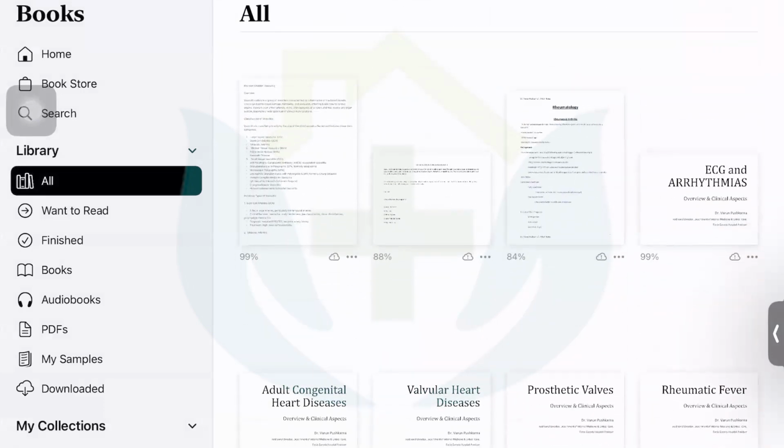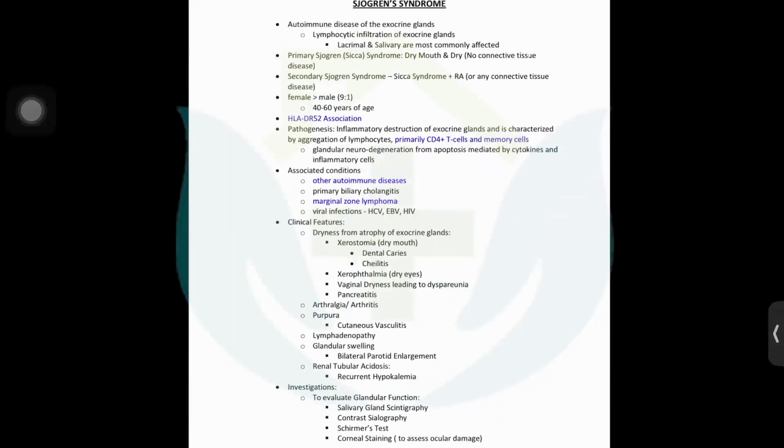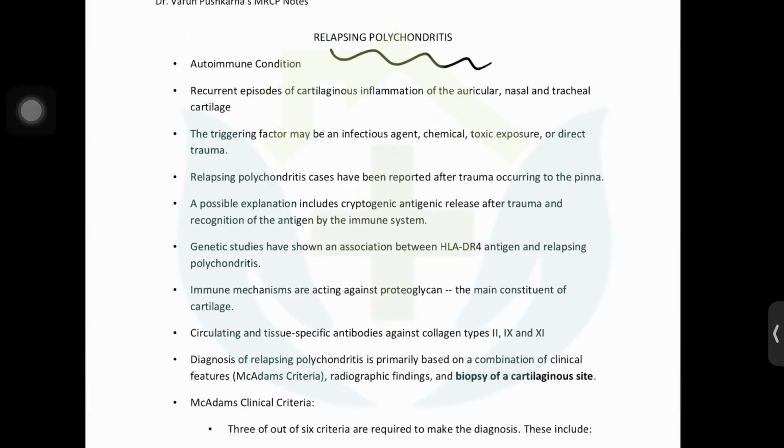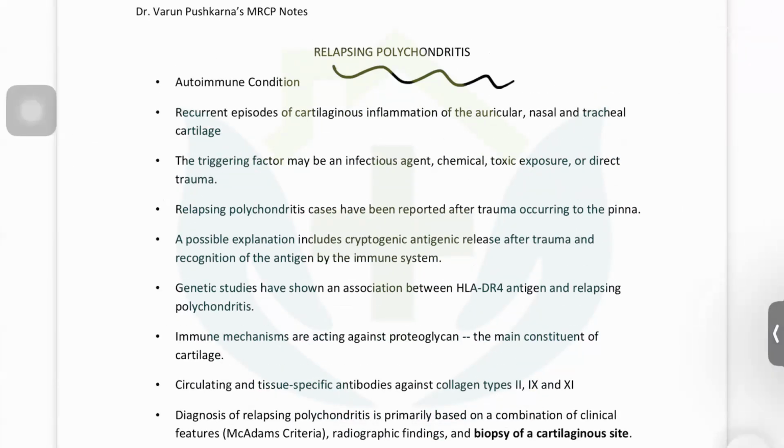Okay, so where is rheumatology? Here is rheumatology. All right. So now we will do one topic which is such an important one that there have been many questions on this. That is relapsing polychondritis.